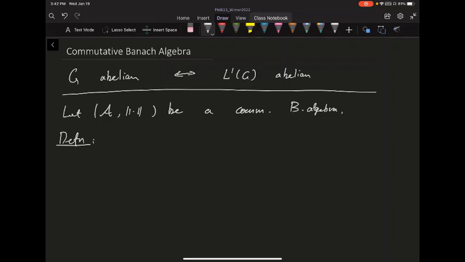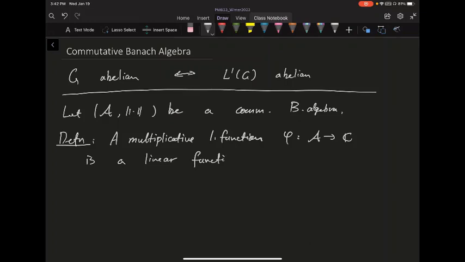Whenever you have a Banach space, you can talk about linear functionals. And we say a linear functional is multiplicative. So a multiplicative linear functional, let's give it a notation, phi from A to C, is essentially defined as a linear functional that is multiplicative. What I mean by multiplicative is basically what we expect it to be, because you have an algebra structure here.